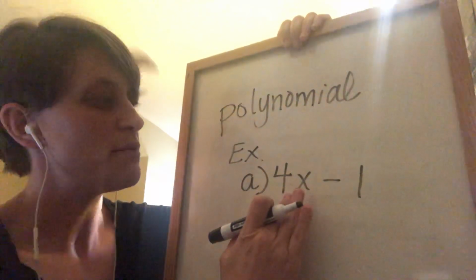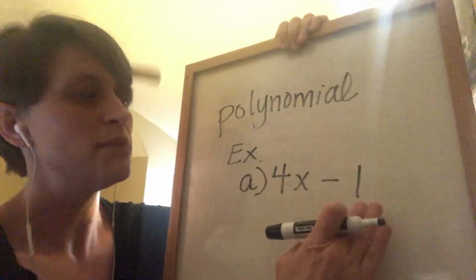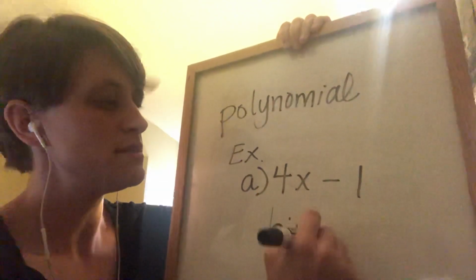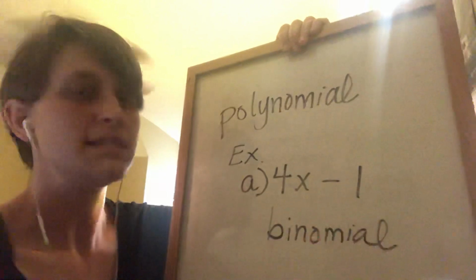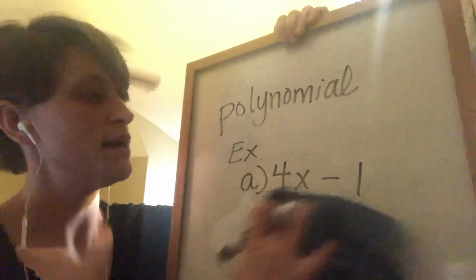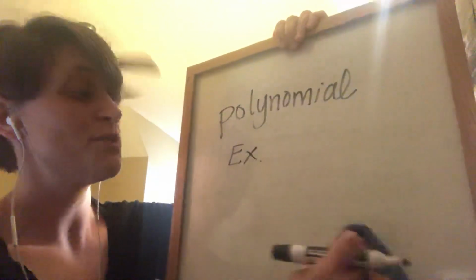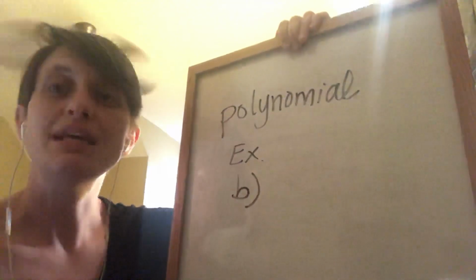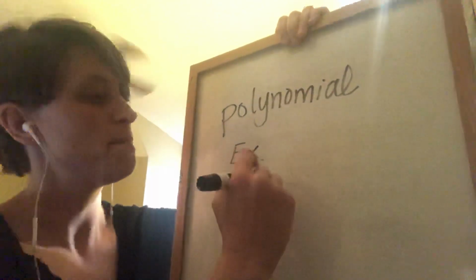And in this case, that would be 4x is a term, negative 1 is a term. This has two terms. It's a binomial. Okay, that's really how it always goes. So whenever you're classifying polynomials, you're really just looking at how many terms are in them.